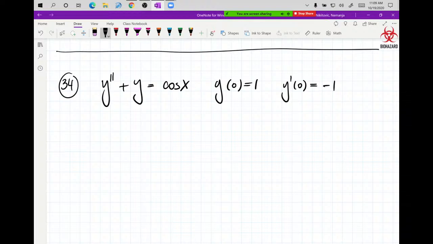Let me just verify: y double prime plus y equals cosine x, y of 0 is equal to 1 and y prime of 0 is equal to -1. Okay, I like this.